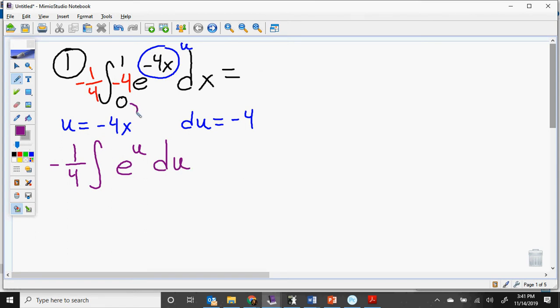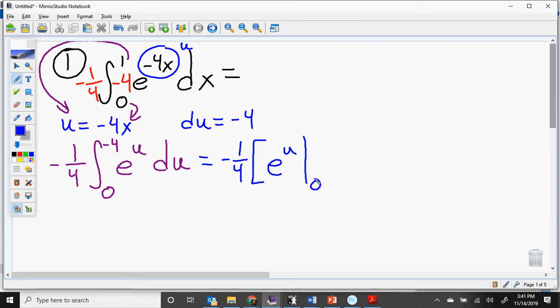So I need to plug 0 and 1 into my u. Well, 0 times negative 4 is 0. 1 times negative 4 is negative 4. So I'll say, okay. The integral of e to the u is our easiest integral because it's just e to the u. And it's from 0 to negative 4.